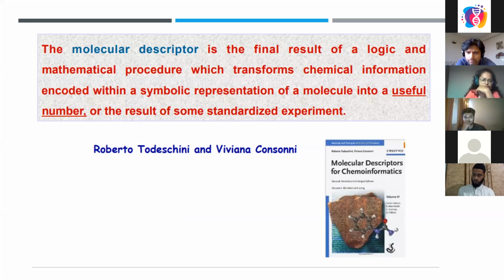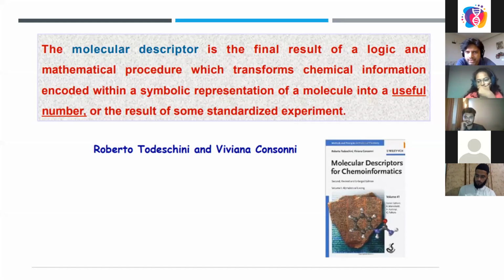So this is one of the books. If you are interested, you can go ahead and read this book. The jargon and the whole definition is a little bit complex, but I'm sure you can understand because I have already described it: the molecular descriptor is the final result of a logic and mathematical procedure which transforms chemical information encoded within a symbolic representation of a molecule into useful numbers, right?